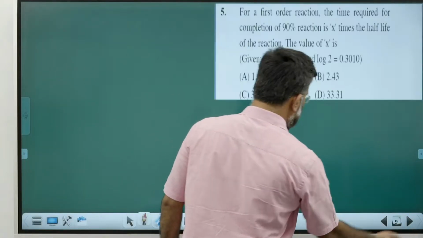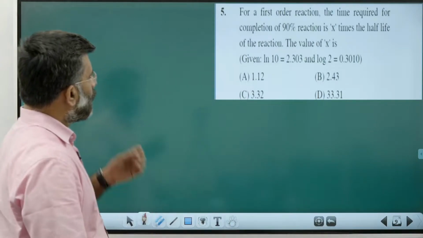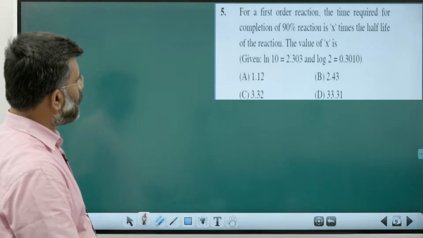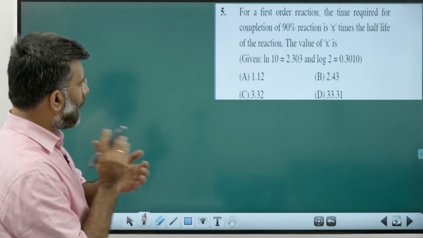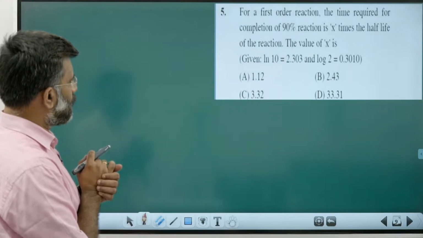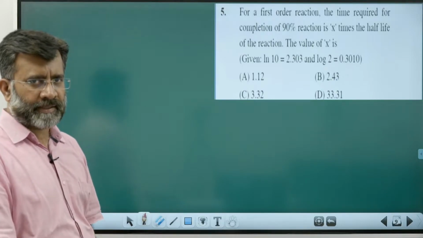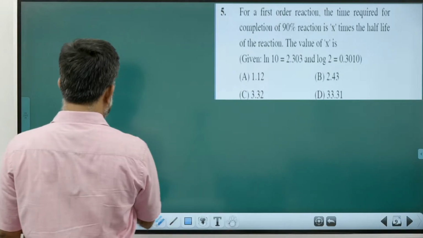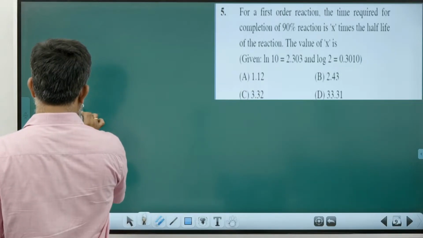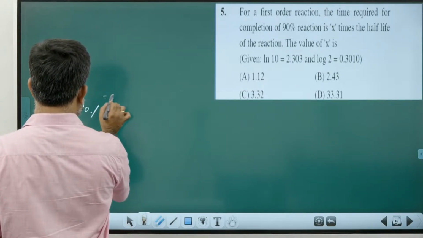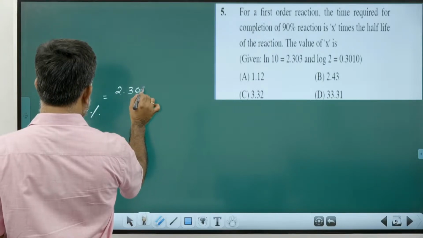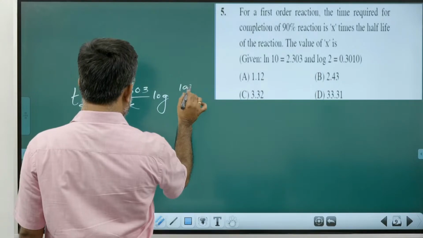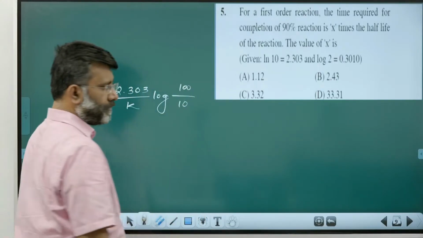Fifth question. For a first order reaction, the time required for completion of 90% reaction is X times the half-life of the reaction. Value of X is? So time for 90% completion is 2.303 by K log 100 by 10.